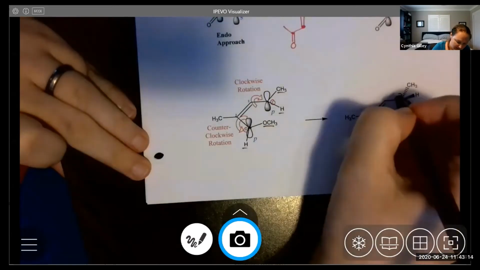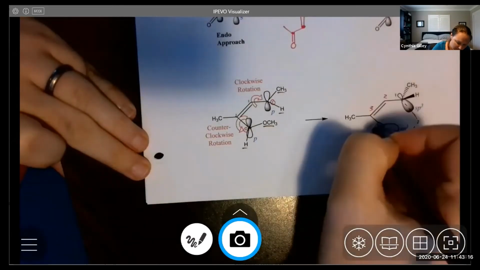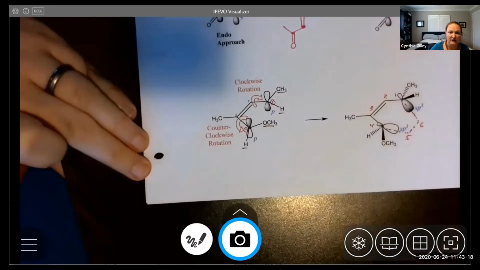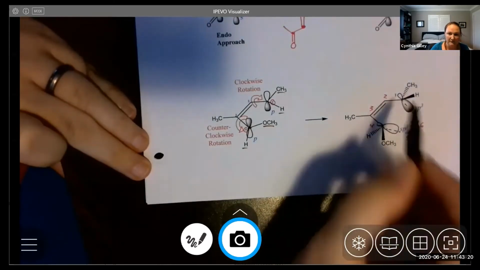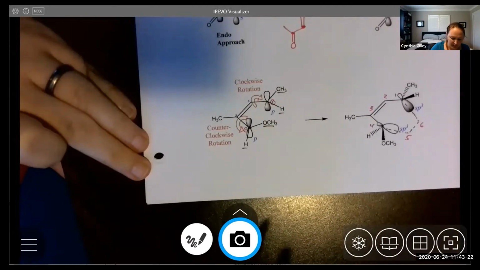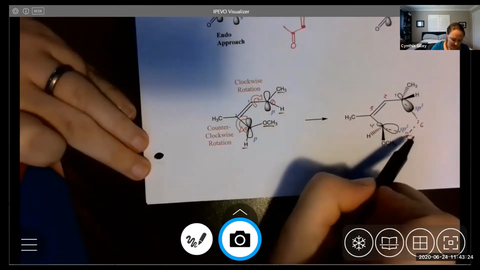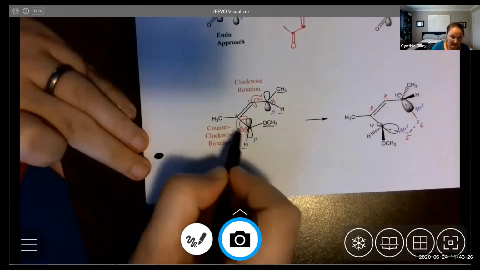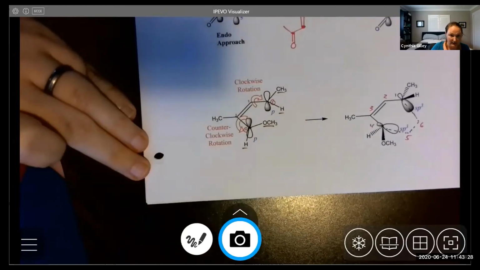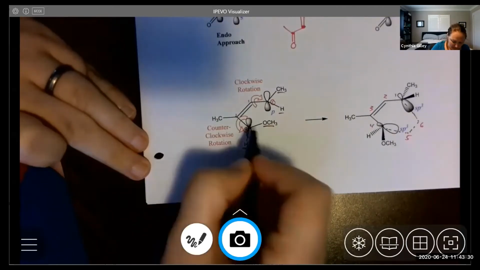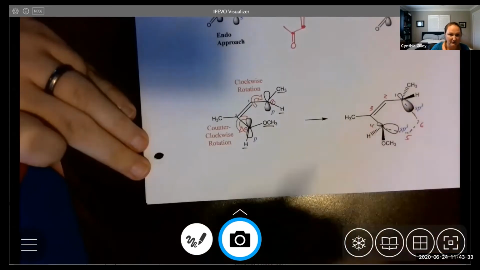So if I had counted, 1, 2, 3, 4, 5, 6. So it's eventually going to be part of a 6-member ring. In order for this to point along this direction, this bond has to undergo a counterclockwise rotation so that the white lobe points this direction.